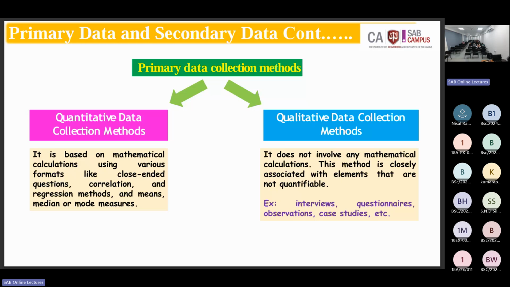Right. Now here I write down what are the methods of collecting the primary data. So we have the chance to make interviews and then questionnaires, experiments, and then what else?